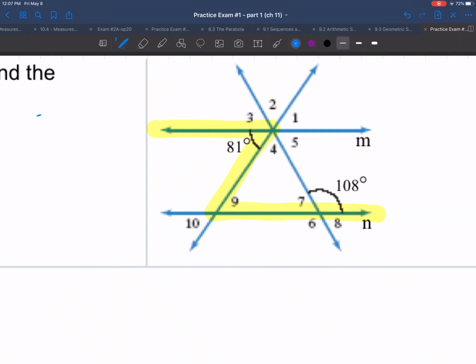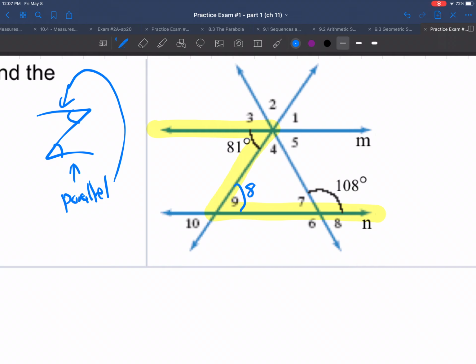Those two angles are equal whenever the top and the bottom are parallel lines. So that means this here has to be 81 degrees like the other one, because those are Z angles.